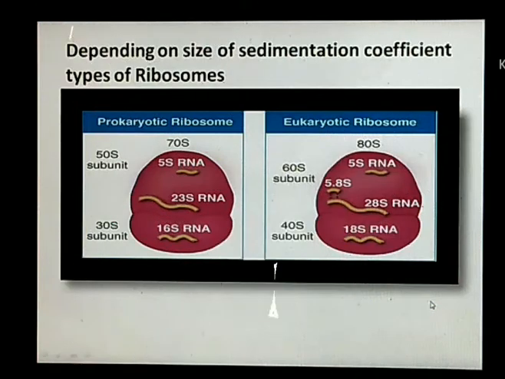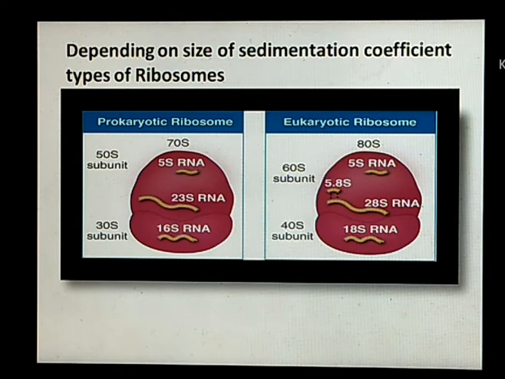Each ribosome has two subunits, a larger subunit and a smaller subunit, and these subunits are scattered in the cytoplasm. Depending upon the size of the sedimentation coefficient, the ribosomes are of two types: prokaryotic ribosome 70S and eukaryotic ribosome 80S. We should remember S stands for Svedberg units, the measurement of sedimentation rate during centrifugation, which we had learnt in detail in the prokaryotic ribosome in the previous video.